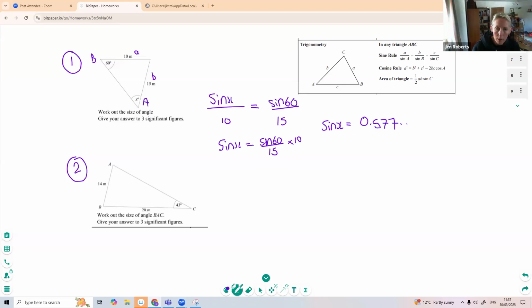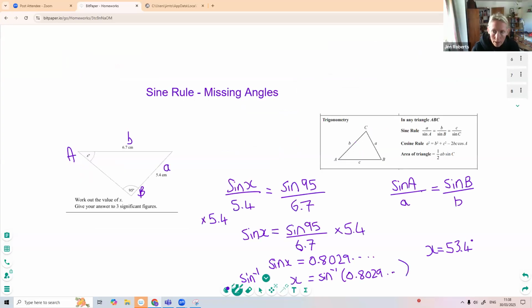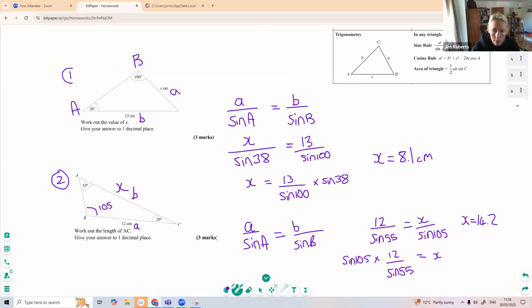Sine to the -1 gives you X is 35.3 to 1 decimal place. Oh, we want it to 3 significant figures. Not sure if I looked at those correctly in the other ones. Yeah, I did. Got 3 significant figures there. 1 decimal place. Yes. Okay, that's fine.